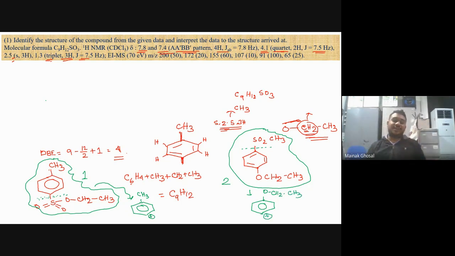Now you just need to find which fragment you find in your mass data. That fragment you find in your mass data is your compound. So you see this one actually gives these CH3 bonds.